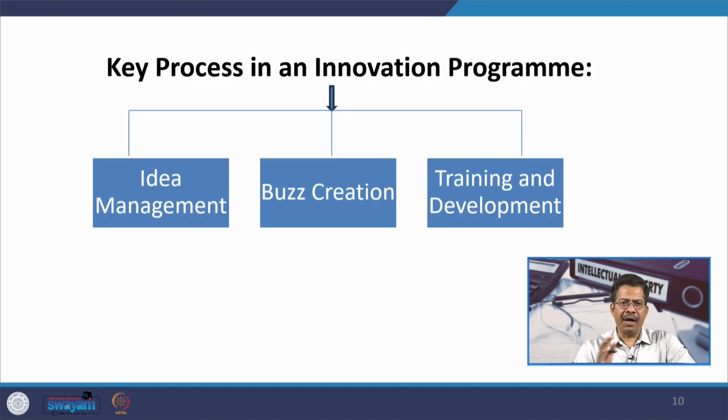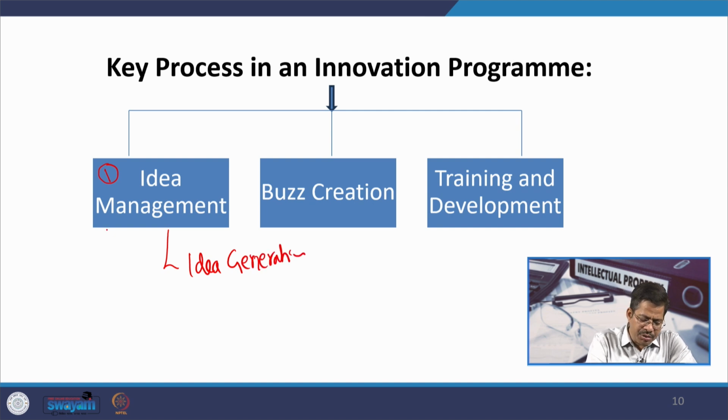Now, after understanding these 5 important sources in this process of idea generation, in this innovation activity, there are 3 very important processes. One is you have to do proper idea management, in which idea generation.